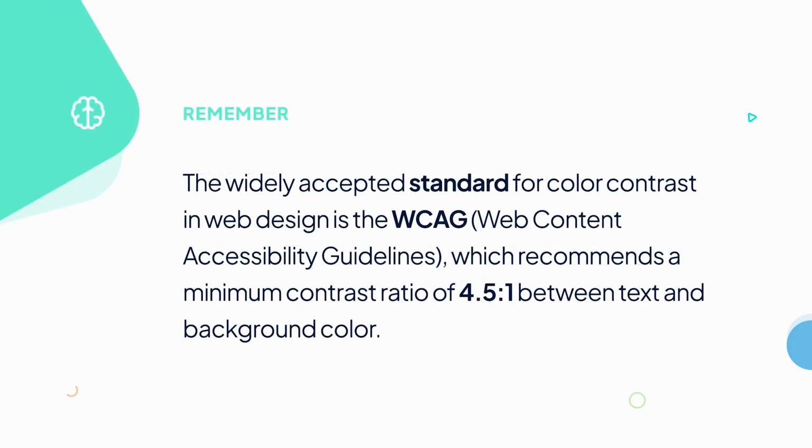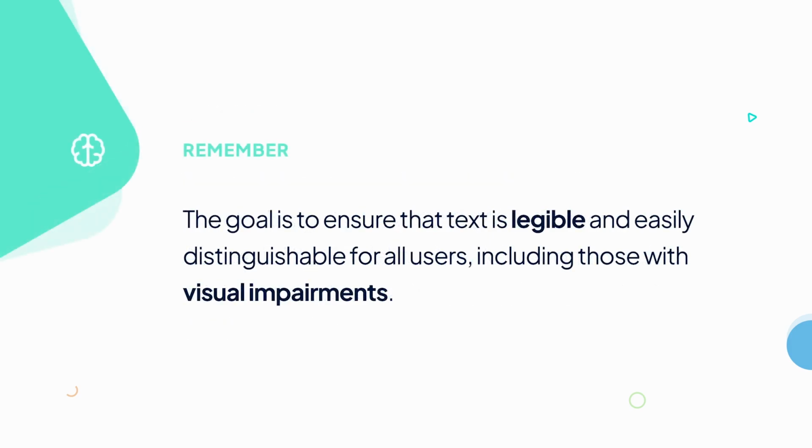The widely accepted standard for color contrast in web design is the WCAG, or Web Content Accessibility Guidelines, which recommends a minimum contrast ratio of 4.5 to 1 between text and background color. The goal is to ensure that text is legible and easily distinguishable for all users, including those with visual impairments.